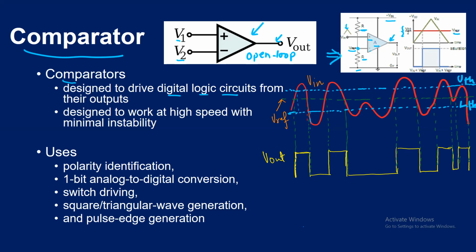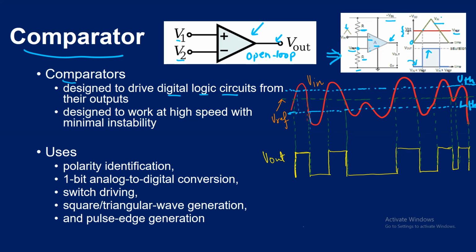Now the input is varying with respect to time. You start with 0 and your input is increasing, but as long as it is less than the DC reference voltage, the output is low. As soon as the input voltage is above the reference voltage, the output is high.